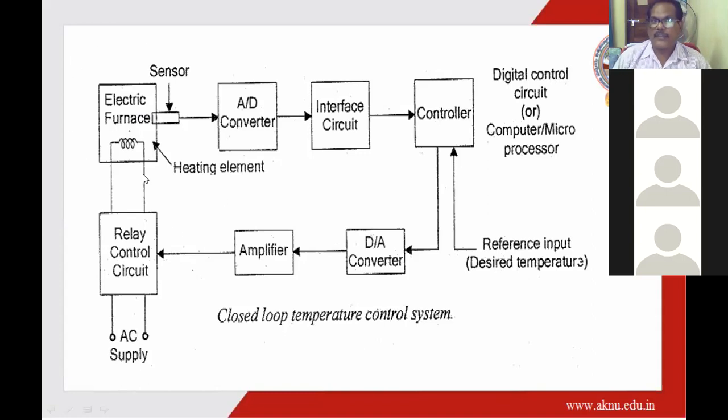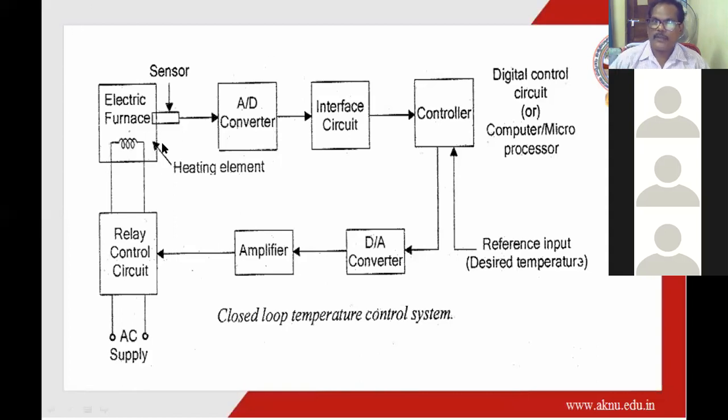For example, if the temperature in the blast furnace is less than 100 degrees centigrade, then by using this control system we can increase the current through the electric coil, based on the temperature shown on the display.